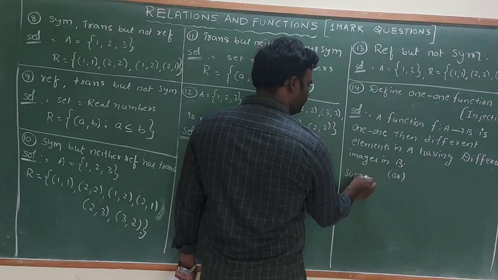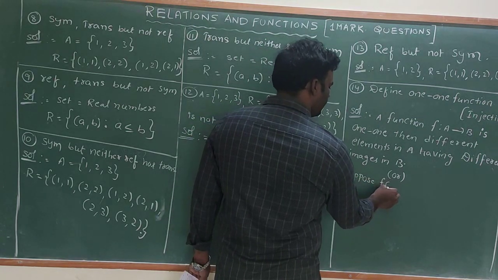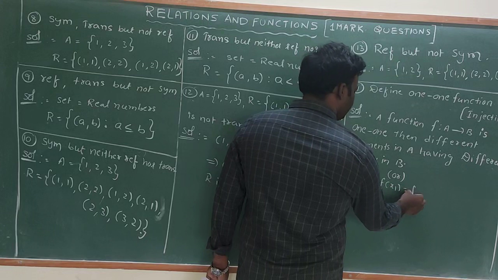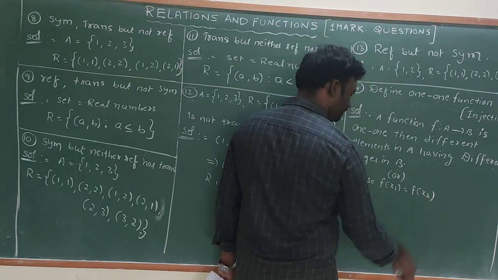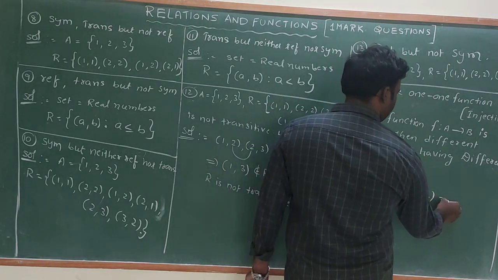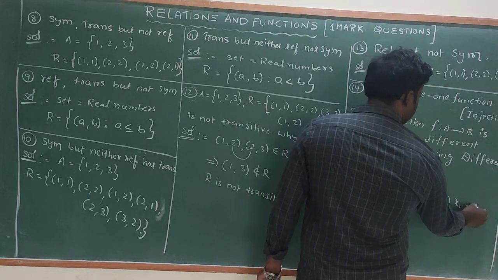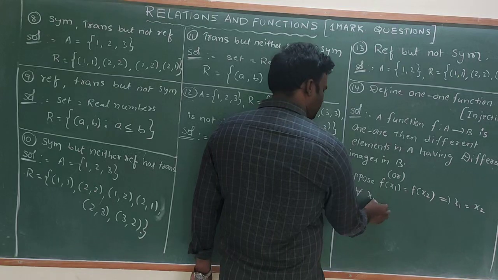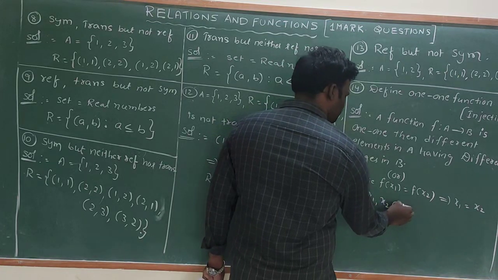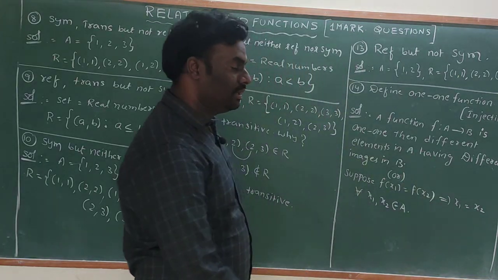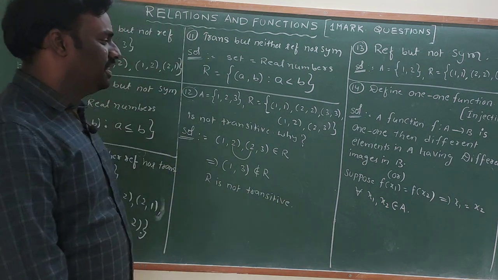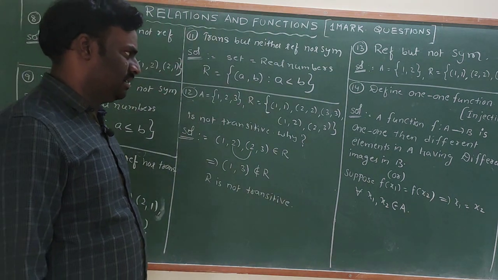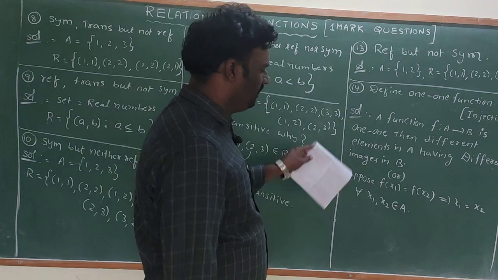Suppose f(x1) is equal to f(x2). That implies x1 is equal to x2 for all x1, x2 belonging to the set A. This is also a definition for one-one functions, but you try to write the first definition only.